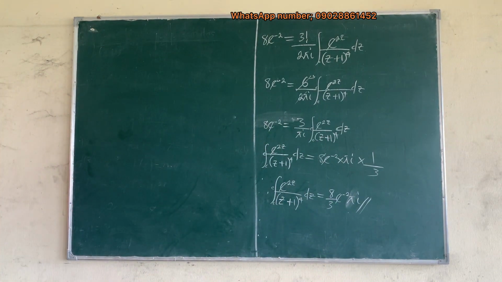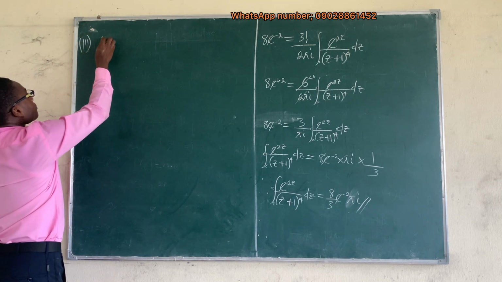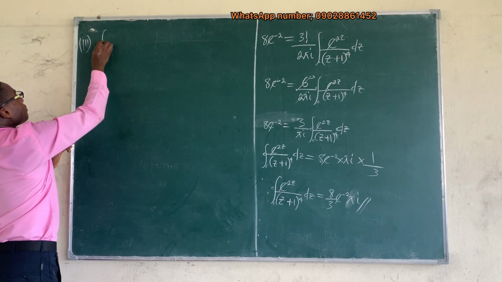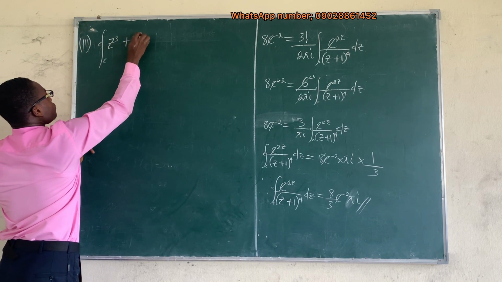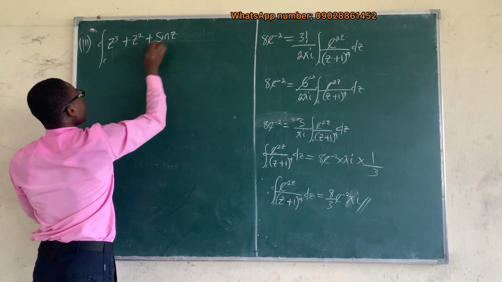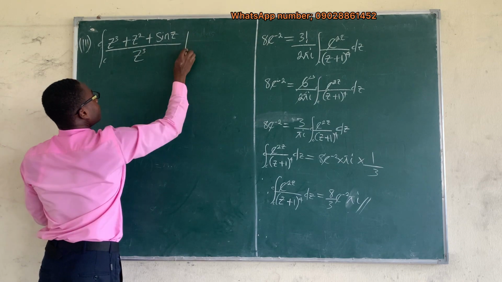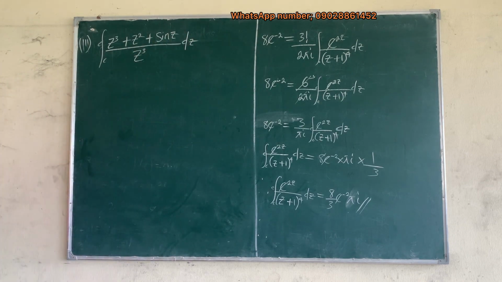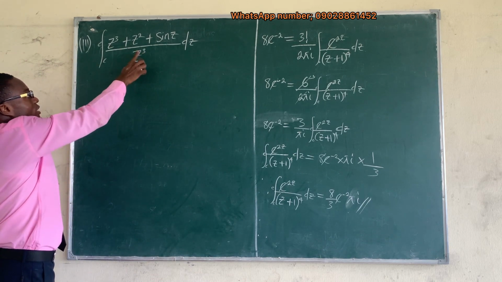All right, let's consider the third question. The integral of z cubed plus z squared plus sine z over z cubed dz. So also notice that the power of z here is 3.